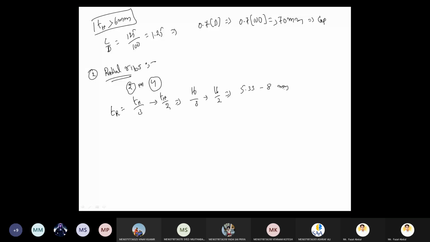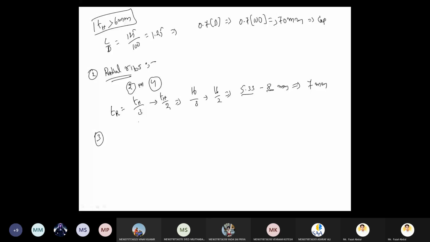Okay, so the range given is 5.33 to 8. So I am taking the middle value, 7 mm, as the thickness of the rib.